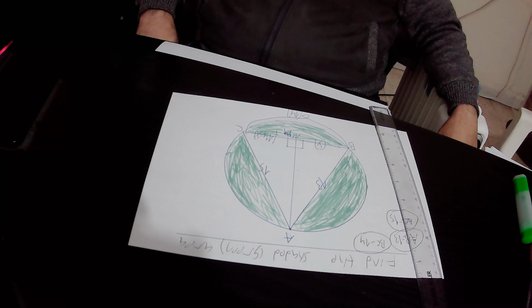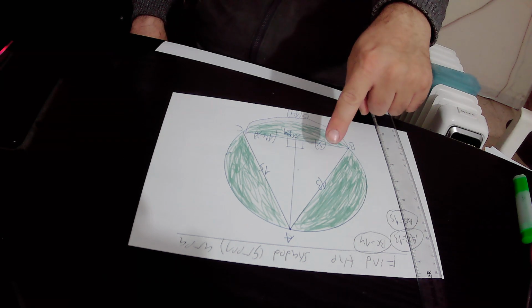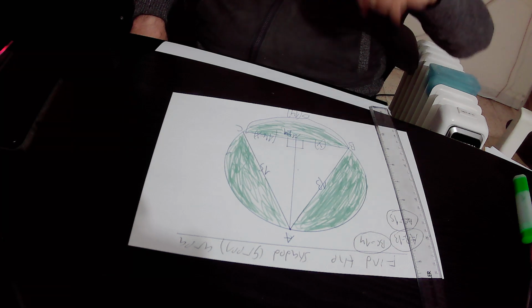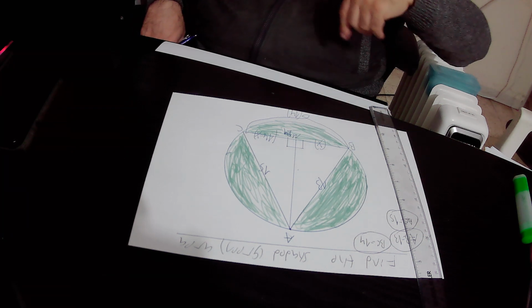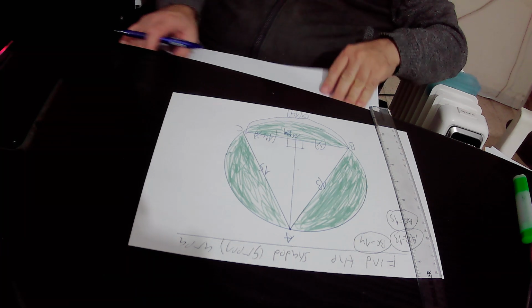In the next step, we will implement the Pythagoras theorem on the right triangle AMB. So copy the right triangle AMB in a new page, and we will implement the Pythagoras theorem on this triangle AMB.